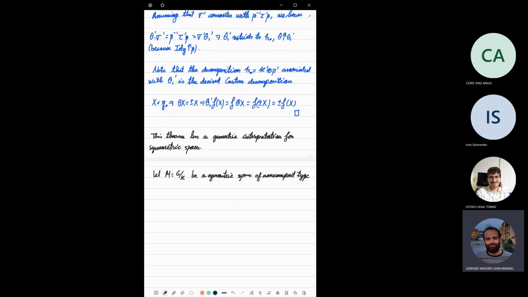And we have geodesic symmetries at every point, and from this one can construct a Cartan decomposition of G that relates to the geometry of M at the coset corresponding to the identity. So we have an induced Cartan decomposition.